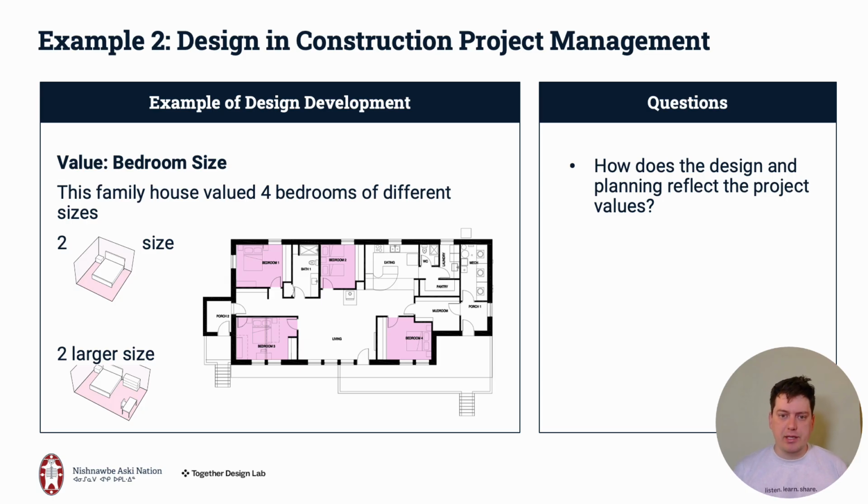In this example that you see on screen, using the same housing design, the value is in ensuring that there are 4 bedrooms of different sizes, 2 large bedrooms and 2 small bedrooms. Often, we'll see housing design that has 1 larger bedroom, the primary bedroom, and 3 quite small bedrooms.